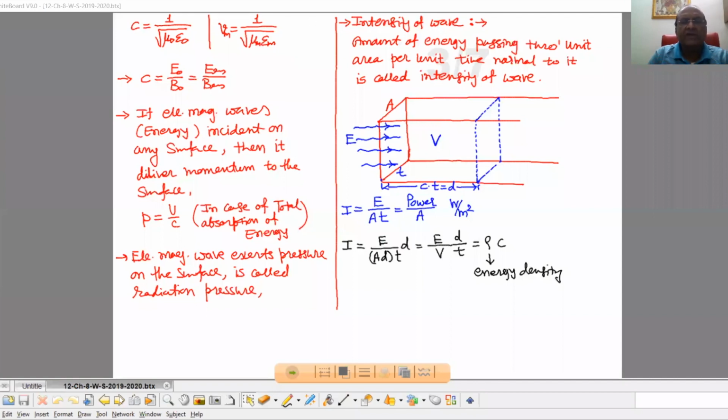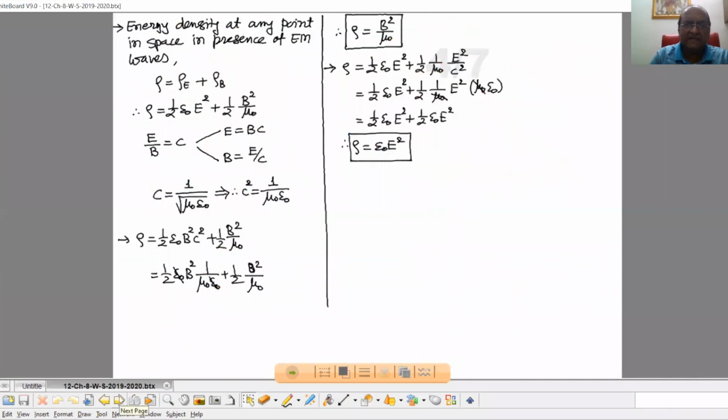Since electromagnetic wave itself is energy, it implies that if electromagnetic waves are present in space, then at any point the energy density is in the form of electric field as well as magnetic field.